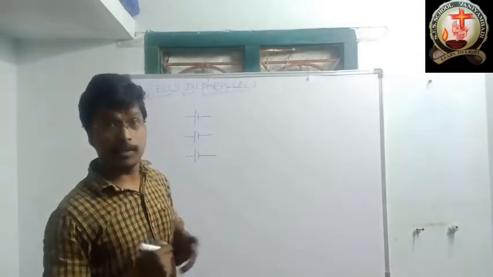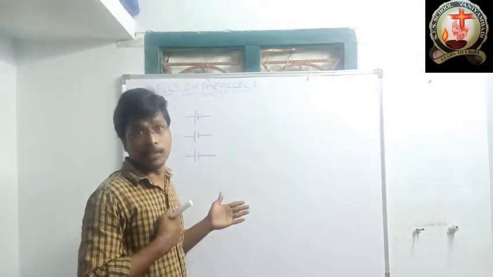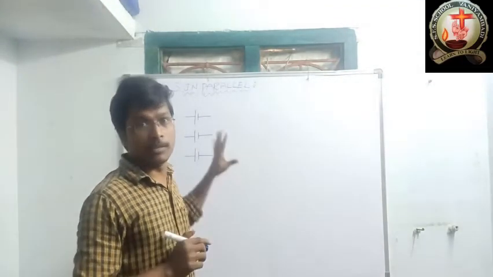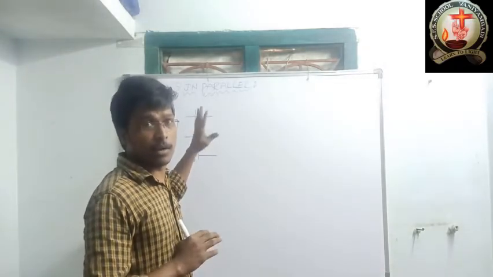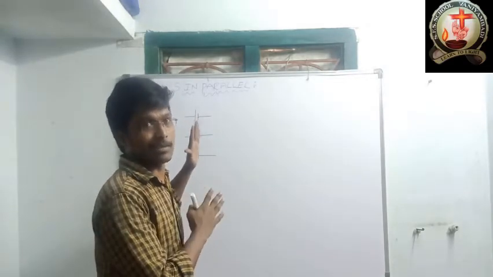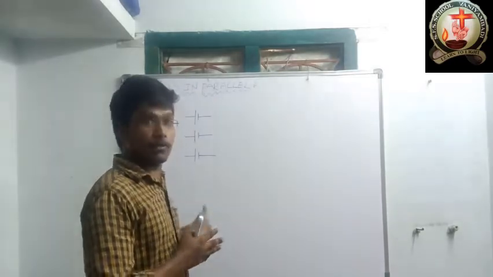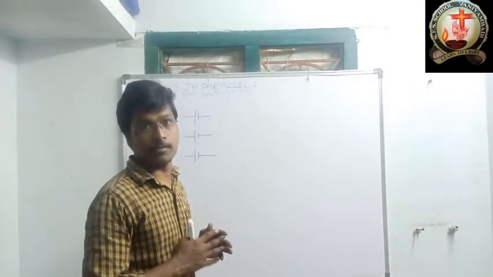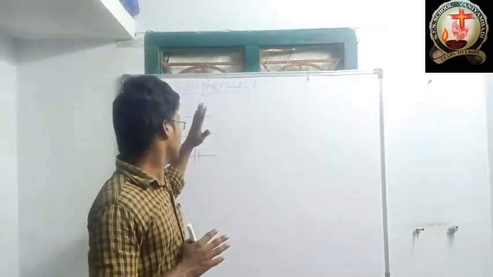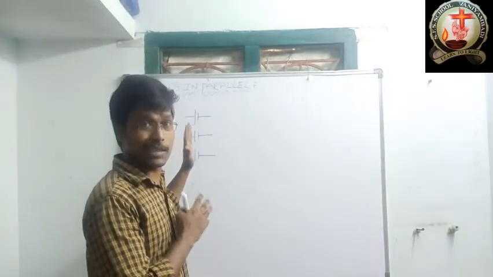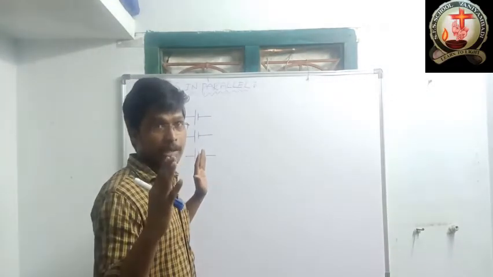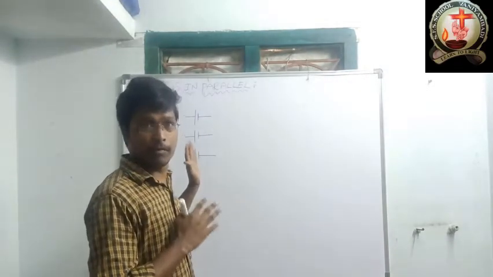I told you already we are taking n number of cells. Keep that in your mind, but here I should consider only 3 cells because n number of cells means this board is not sufficient. So I will draw only 3 cells on the board, but in your mind you should keep n number of cells.